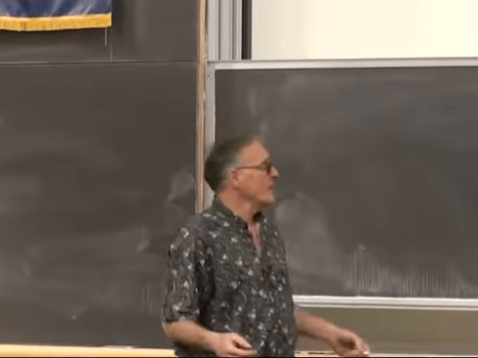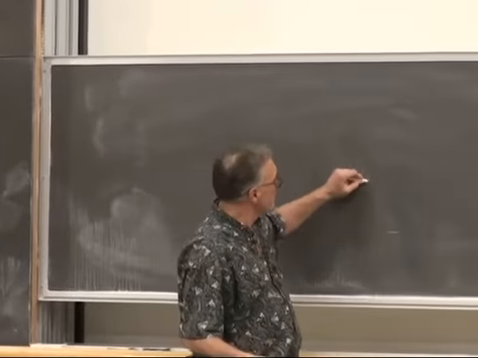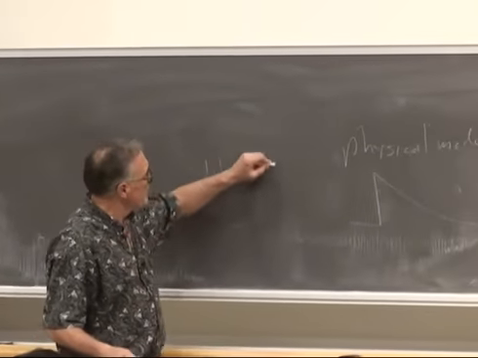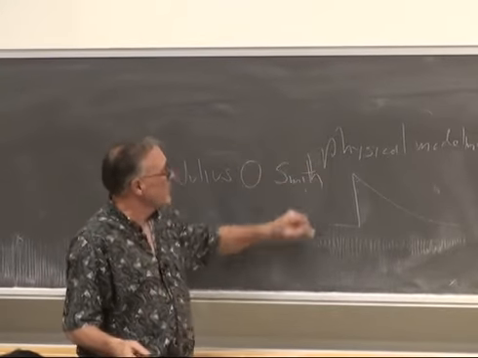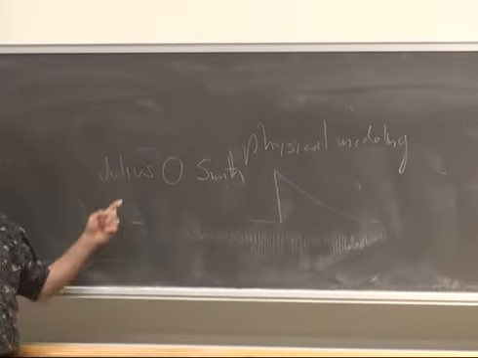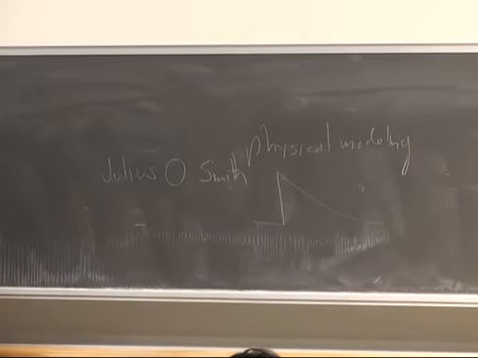And there's a guy, Julius Smith, Julius O. Smith, in fact, at Stanford, who has spent his whole life modeling physical systems of various sorts for making music, and has a wonderful website on how to synthesize whatever you can think of.